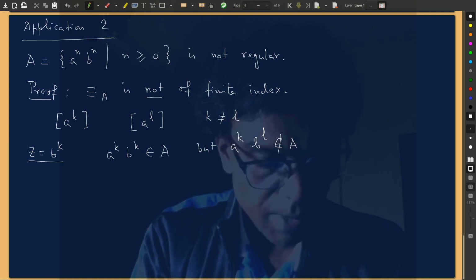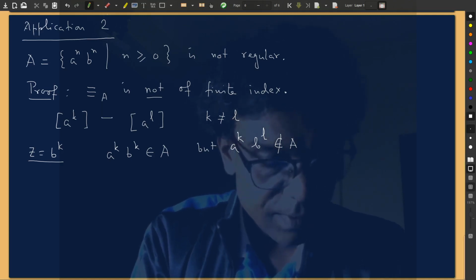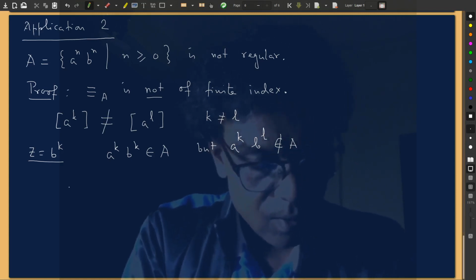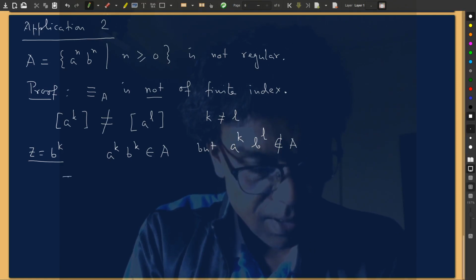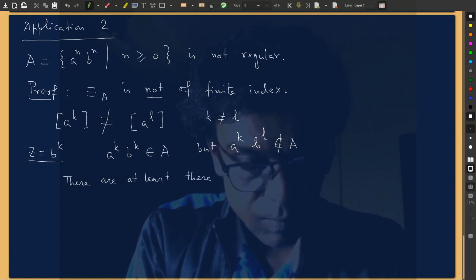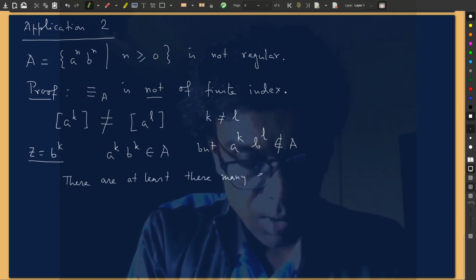Likewise, if I take b power l as Z, this will be in A if I append it to a power l, and this will not be in A if I append it to a power k. Okay. This implies the equivalence classes are not the same. So in particular, it says that there are at least these many equivalence classes. What are these many?